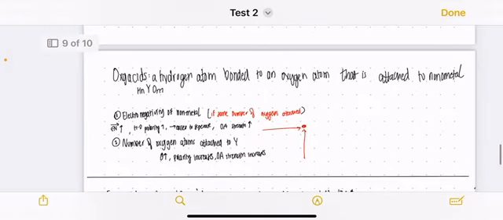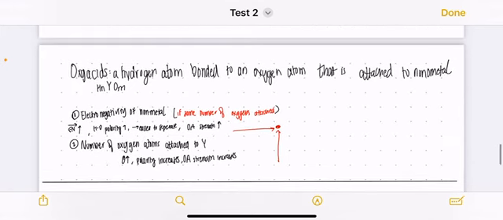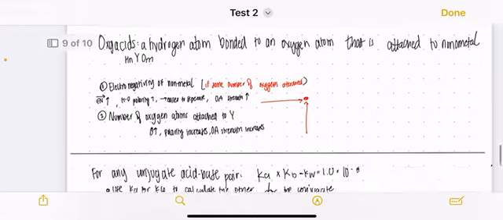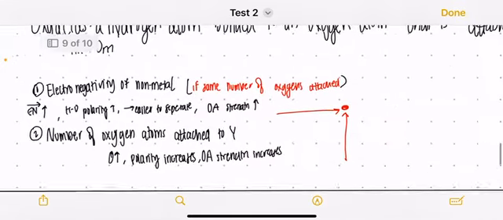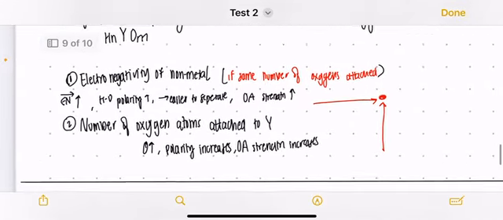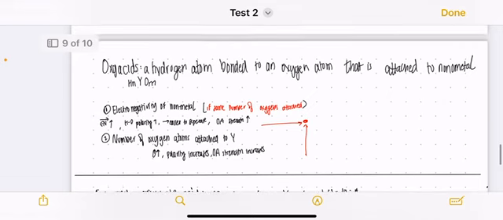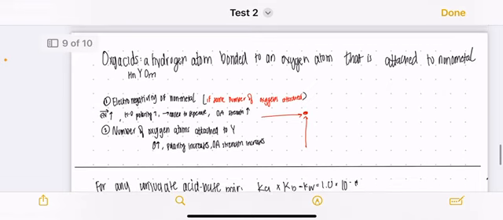Oxyacids are a hydrogen atom bonded to an oxygen atom that is attached to a nonmetal. This can look like H, n, Y, and O, m. If the same number of oxygen atoms are attached, then as the electronegativity of Y increases, the H-O polarity increases and the atoms become easier to split, and the acid strength increases.